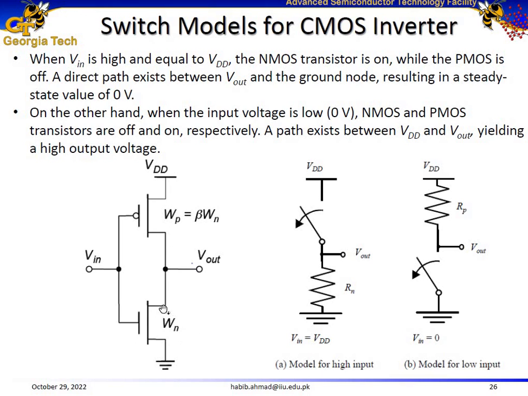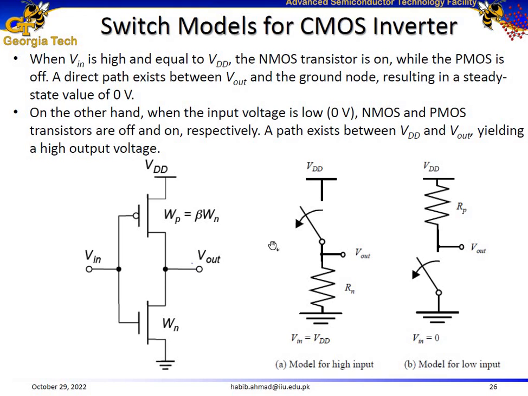And these transistors will have certain widths. Wn is the width of the N-type transistor, Wp is the width of the PMOS transistor, and generally for inverters, Wp is equal to beta times Wn, 2 times or 3 times Wn, so as to balance out the currents due to the difference of mobilities of holes and electrons.